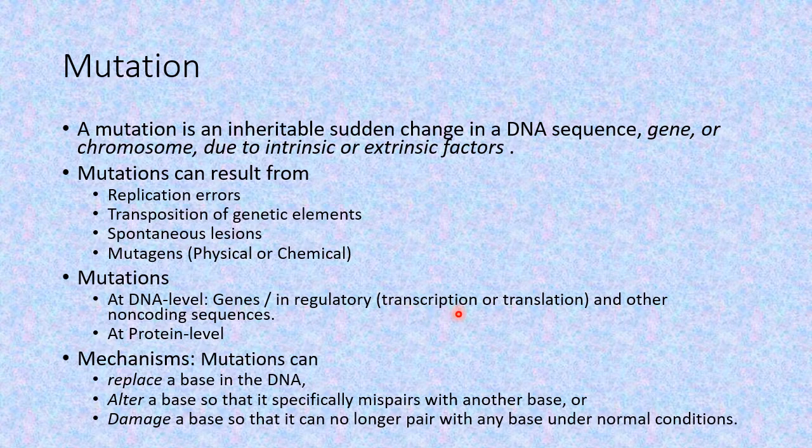At the transcription level, the rate with which the particular protein is formed is altered. And that is the level of expression. Or at the translational level, whether the messenger RNA formed is capable of being translated or it is unable to associate itself with the translation machinery. So these mutations, whether in genes or in regulatory sequences, are expressed at the protein level.